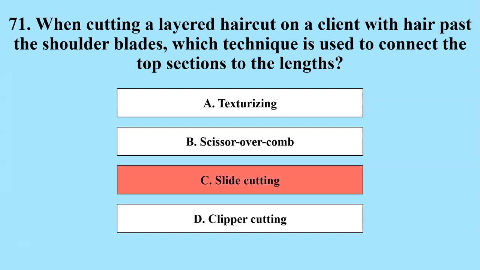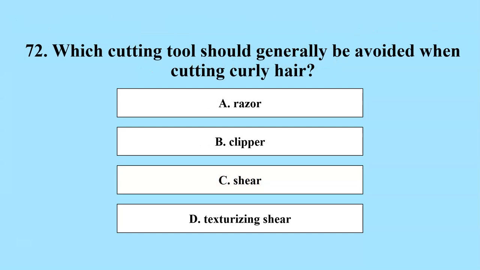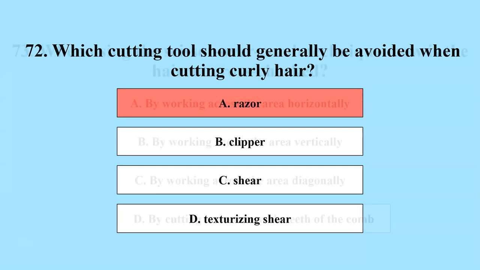If you chose C, slide cutting, you are correct. Which cutting tool should generally be avoided when cutting curly hair? Razor, clipper, shear, texturizing shear. If you chose A, razor, you are correct.